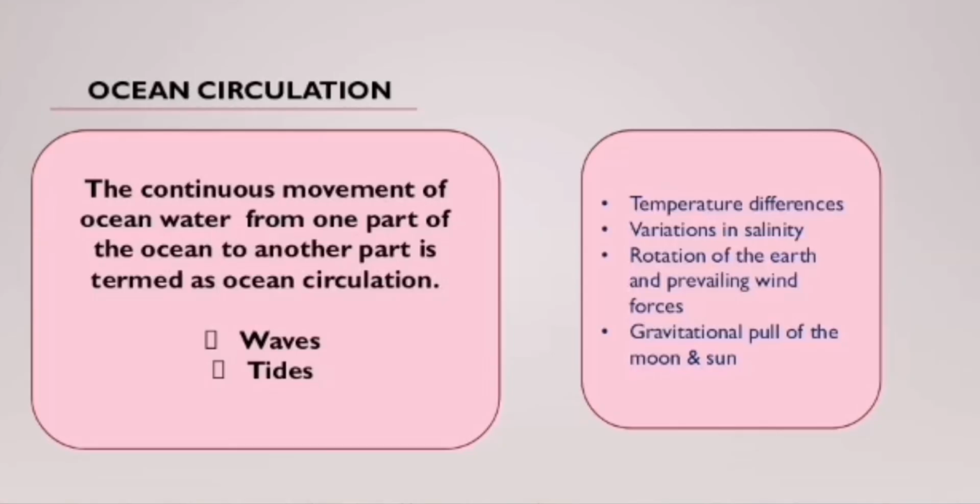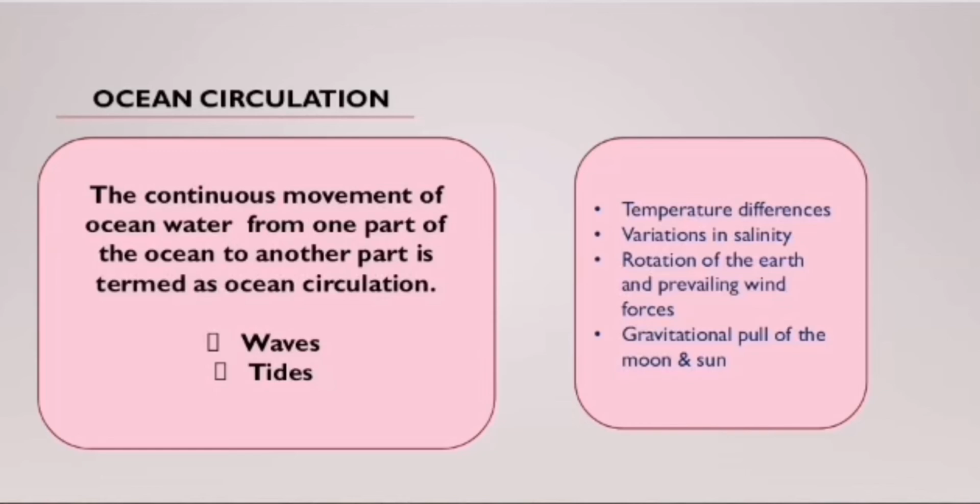Next, we have to discuss ocean circulation. The ocean water moves continuously, unlike the stagnant water of ponds and lakes. This continuous movement is known as ocean circulation. Some of the major ocean movements are waves, tides and currents.